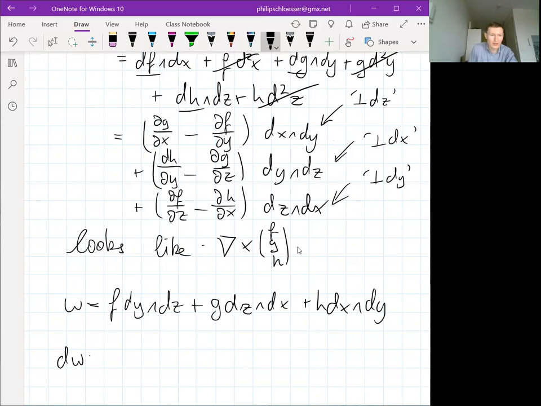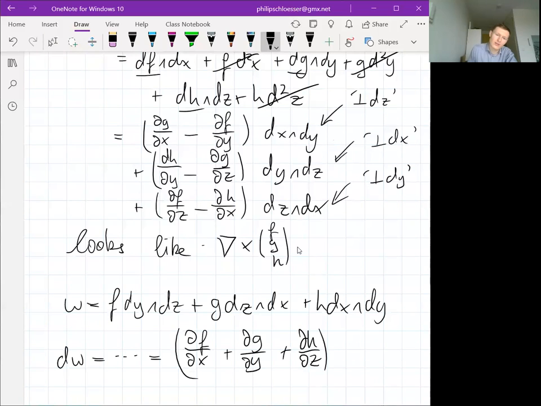If we calculate the exterior derivative of this thing, then after some calculation we will find that it's df/dx plus dg/dy plus dh/dz times dx dy dz.